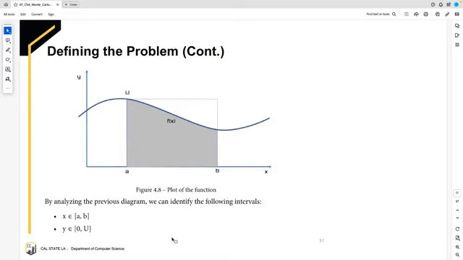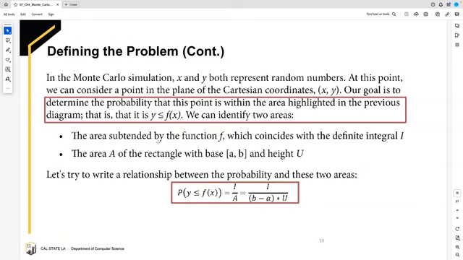After defining x and y, which are moving in these two ranges, you can see that we have this rectangle. I'm also going to show it in the slide so the people on Zoom can follow me. You can see this rectangle or box, and you can also see the gray area.